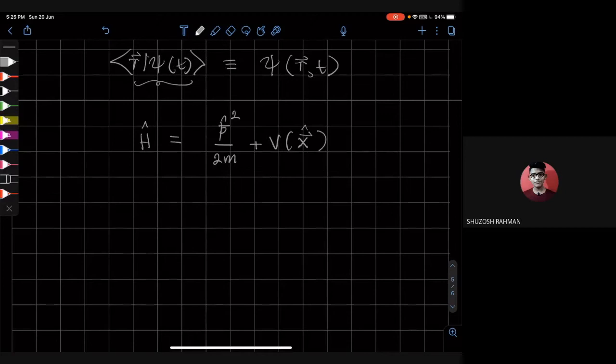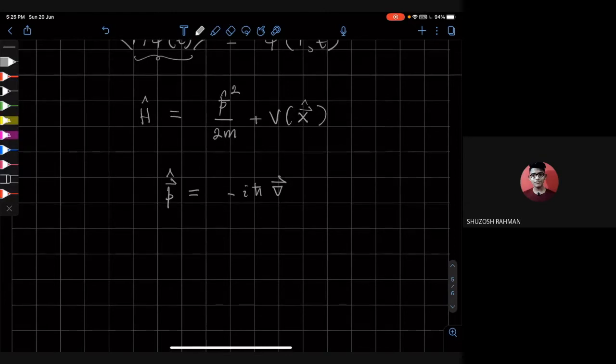In the position representation, you can show that the momentum operator is given by minus i h bar, the gradient operator.